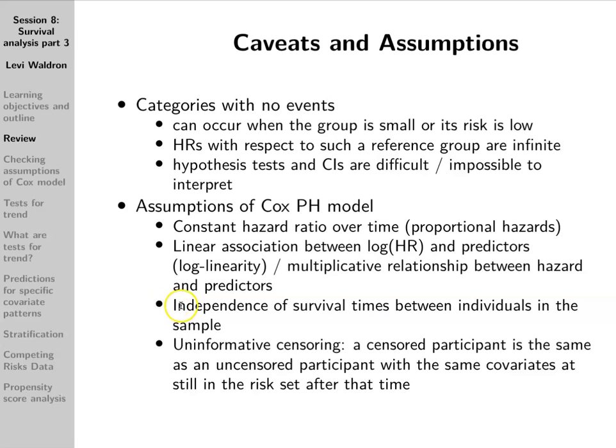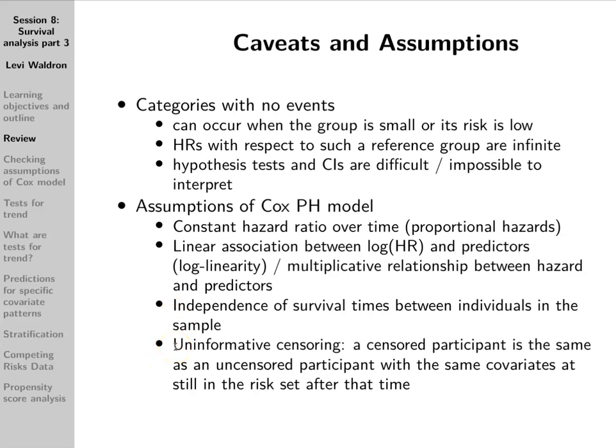This is the assumption of independence of observations, like we have had to make with all of the regression models we've done so far. We will, in our final couple of lectures, move past this with discussion of random effects models and hierarchical modeling. But for now, we're assuming independence between every observation.